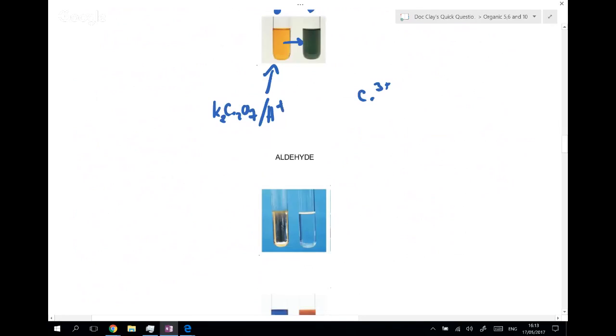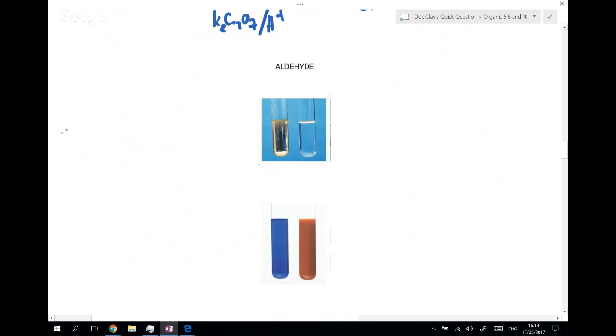The aldehydes. So here, this is if we were going from a primary alcohol, and we oxidize to form the aldehyde using acidified potassium dichromate, and we did this by distillation, we would hopefully form the aldehyde. And then we've got two tests.